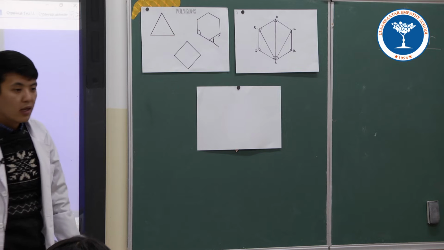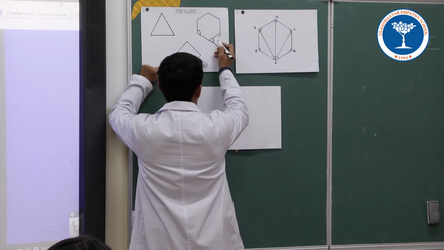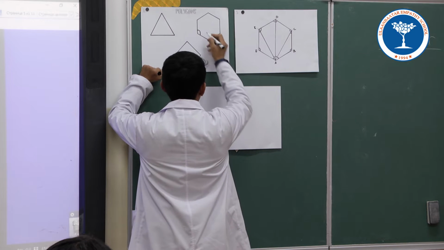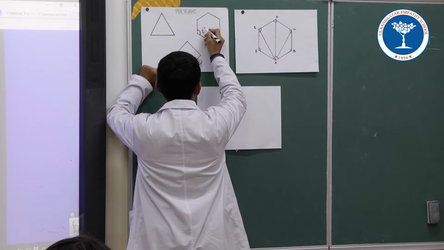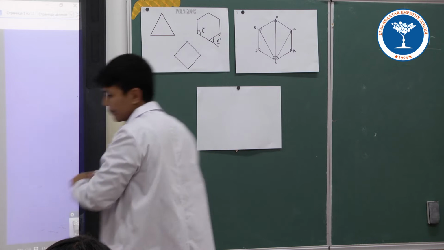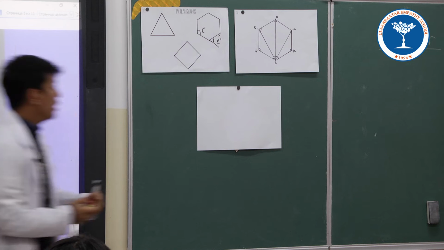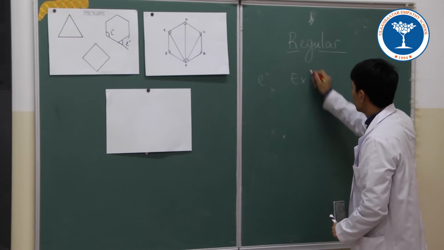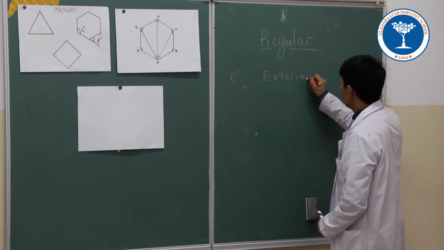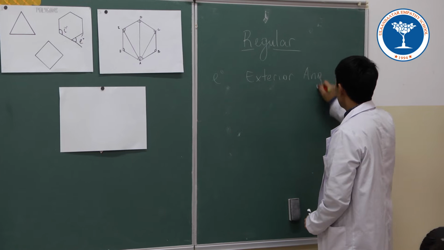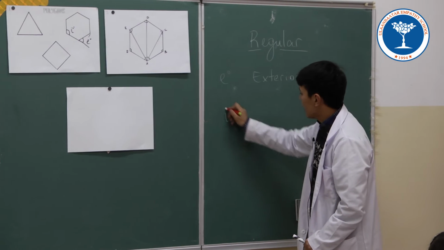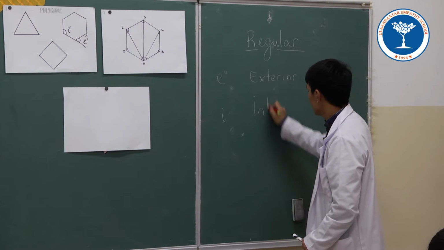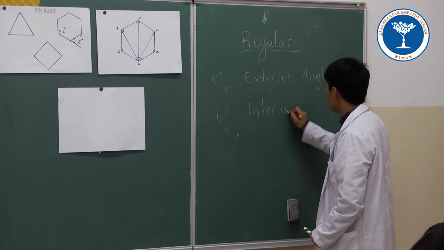It has angles inside, but it also has outside angles. Now, let's label them. This is E and this is I. E stands for exterior angle, and I stands for interior angle.